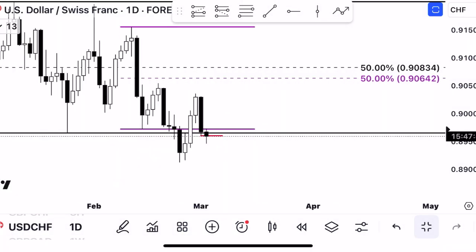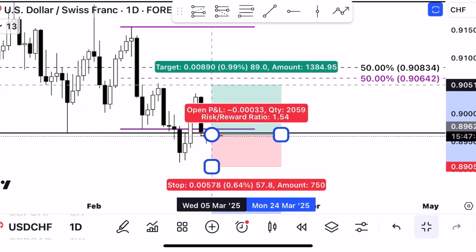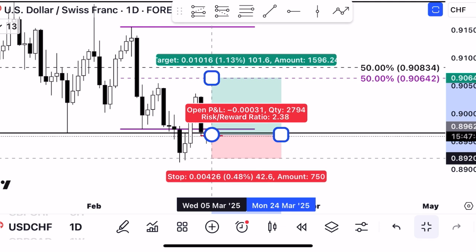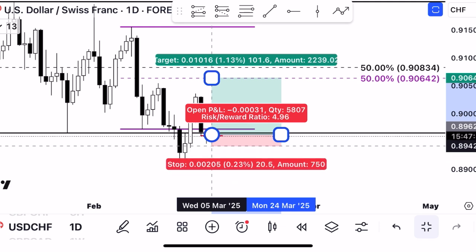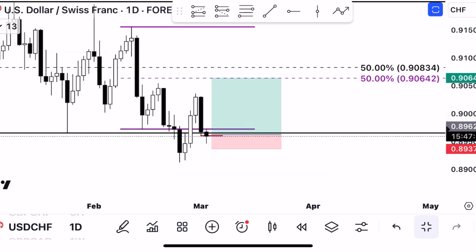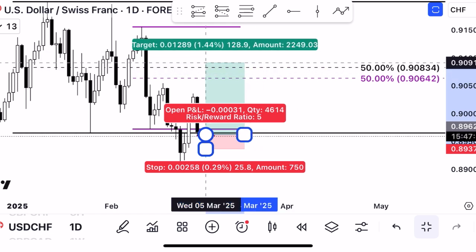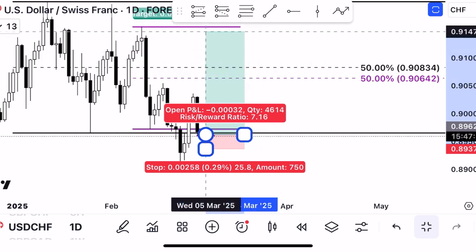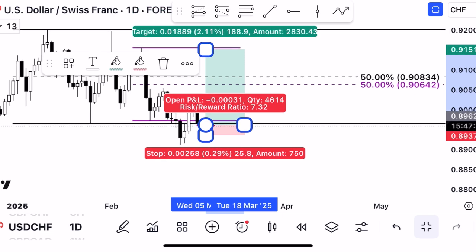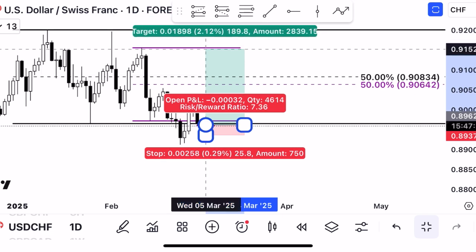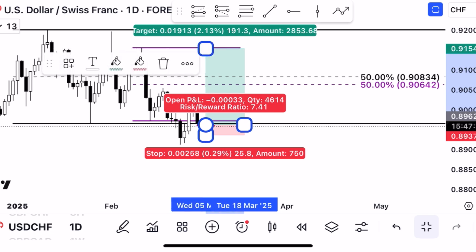So, yeah guys, you could get a nice RR if you're focusing on the 50% of the range with stop loss below the swing low. This looks like a perfect 1 to 3, 1 to 4. And if you're holding to the opposing end of the weekly range, you're gonna get 1 to 7 or even more than that, depending on your entry.